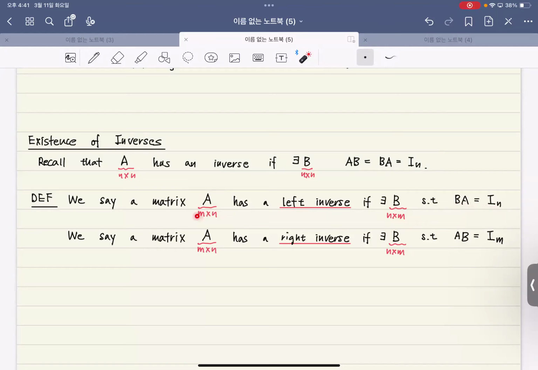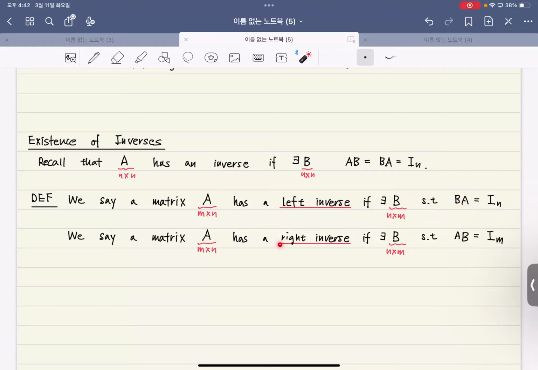So B is the left inverse of A, simply because B multiplied to the left of A equals the identity.